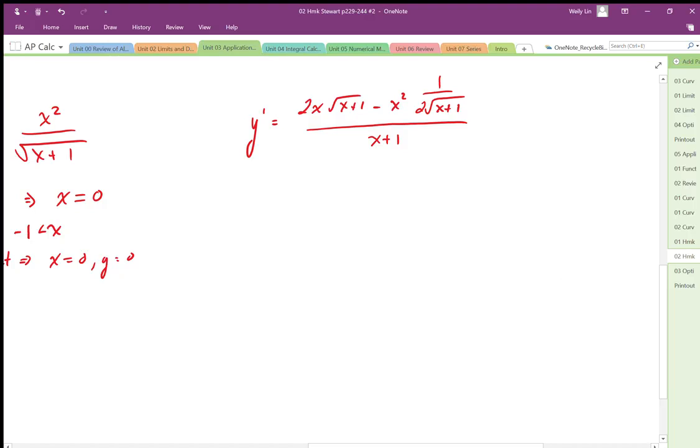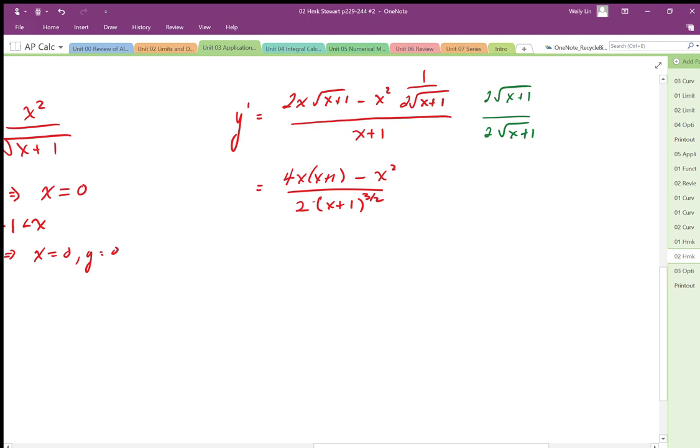So I'm just going to get rid of that root in the denominator. I'm going to multiply top and bottom by root x plus 1. This simplifies down to, because we have the 2 there, 4x times x plus 1 minus x squared, and then in the denominator we're going to end up with 2 times x plus 1 to the power 3 over 2, so 1 plus 1/2.